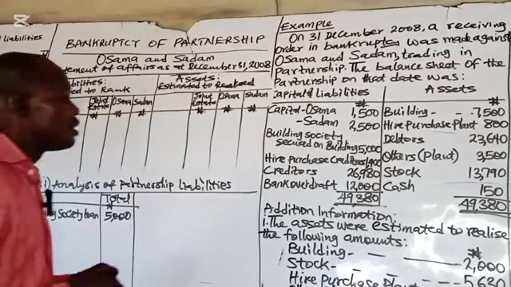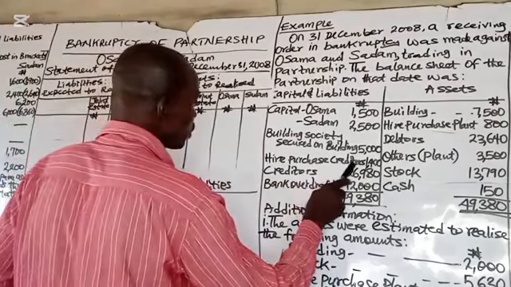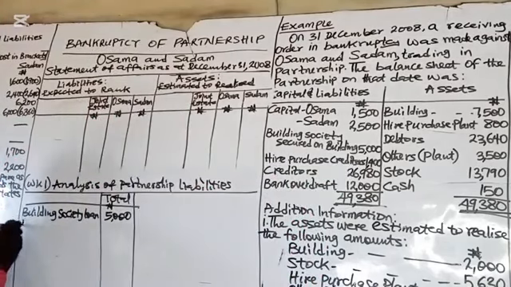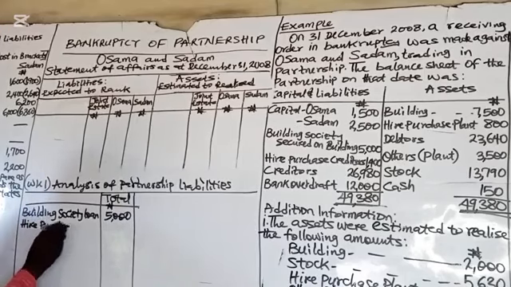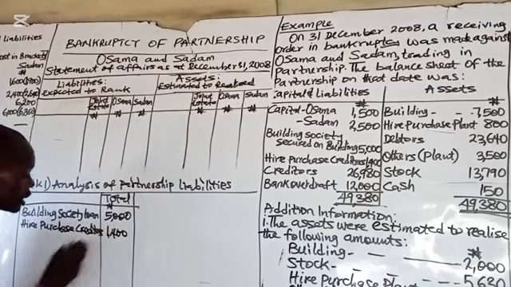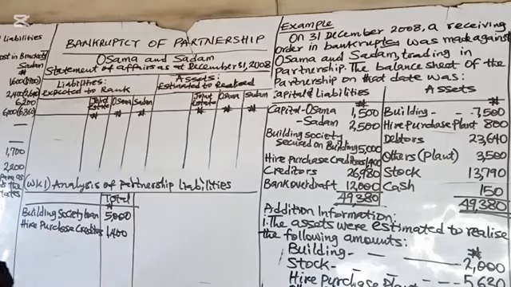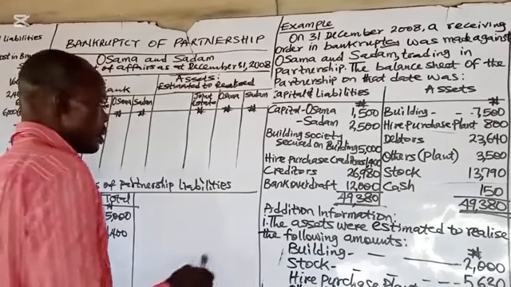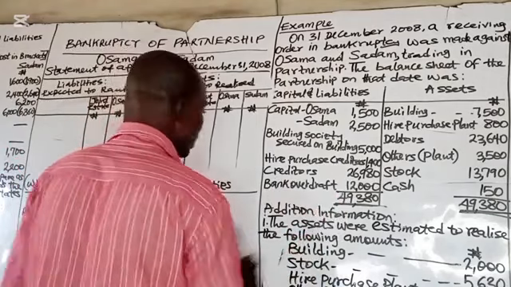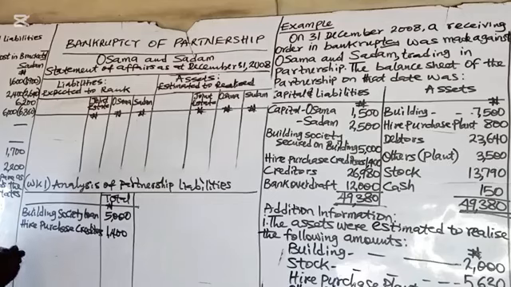Then we have hire purchase creditors, 1,400. Hire purchase creditors, that amounted to 1,400. Then we have creditors, 26,980.